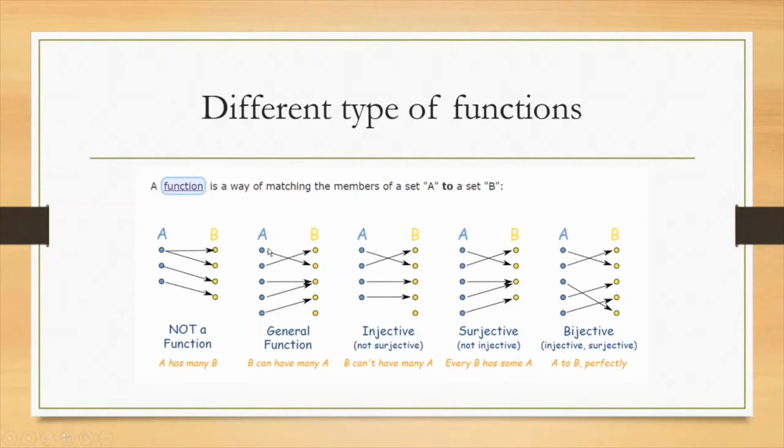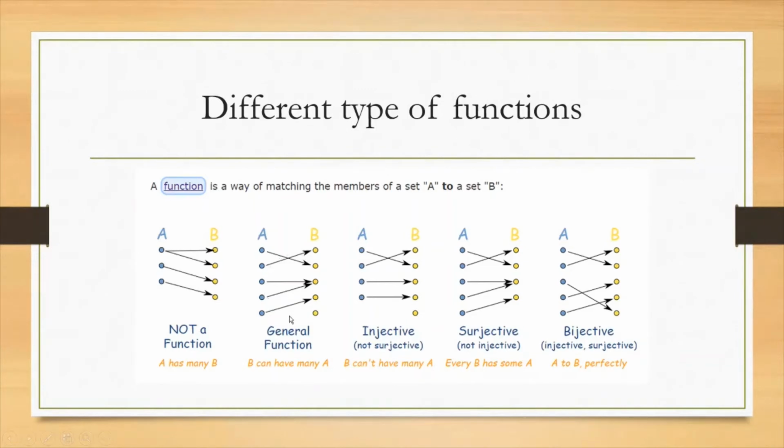The first point on A has the second point on B, the second point on A has image the first point on B, the third point on capital A has the third point on B as the image, and the fourth point of capital A has image the third point on capital B. So the third point on capital B is the image of 2 different points on capital A. And the fourth point has its image, the fourth point on capital B, and there is 1 point remaining on capital B. So this is a function, the second general function.